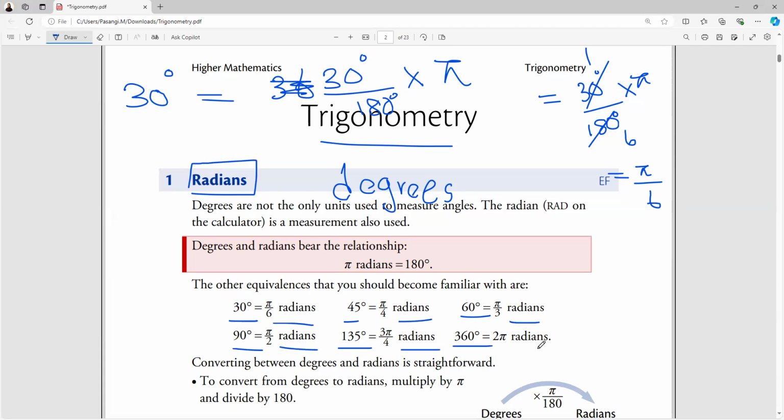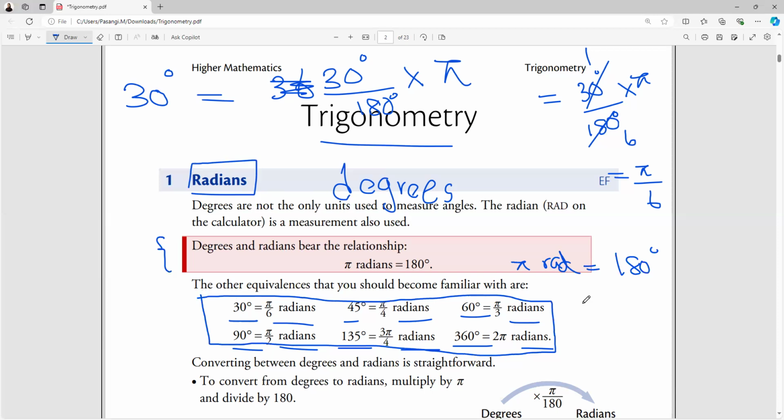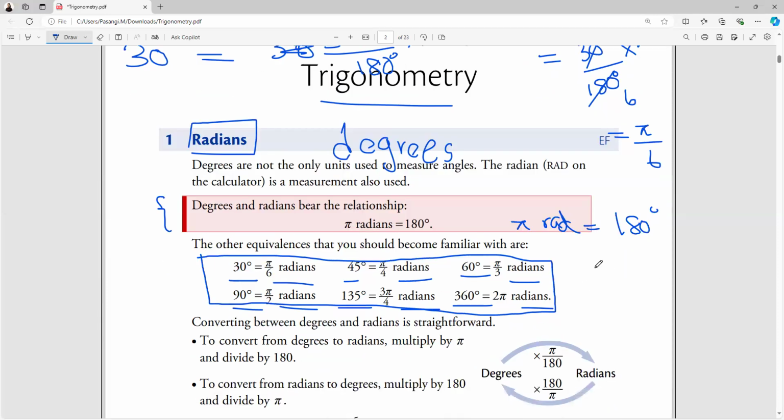Yes, teacher. Okay, now can you put the note as trigonometry, first part radians, and write this relationship: degrees and radians bear the relationship π radians equals 180 degrees. And then try to get these values for these special angles by yourself.